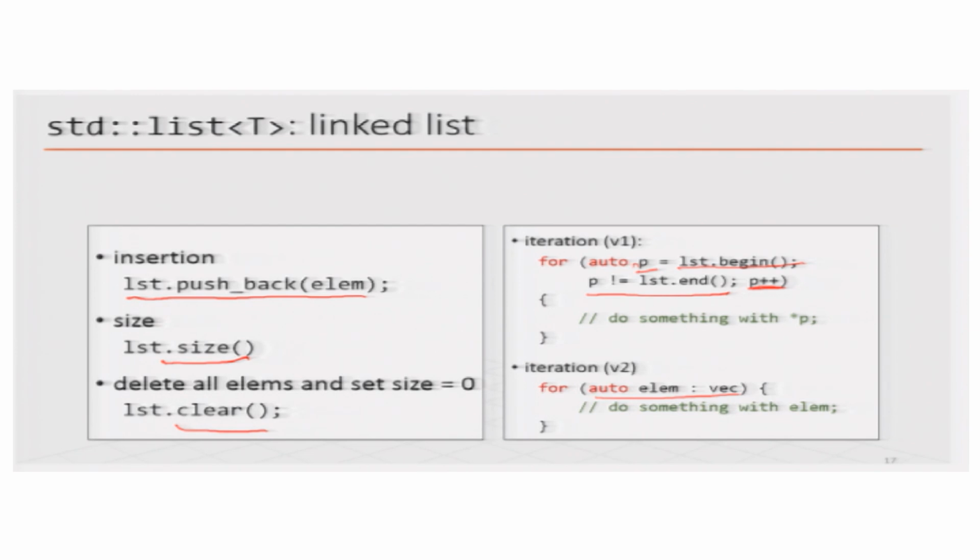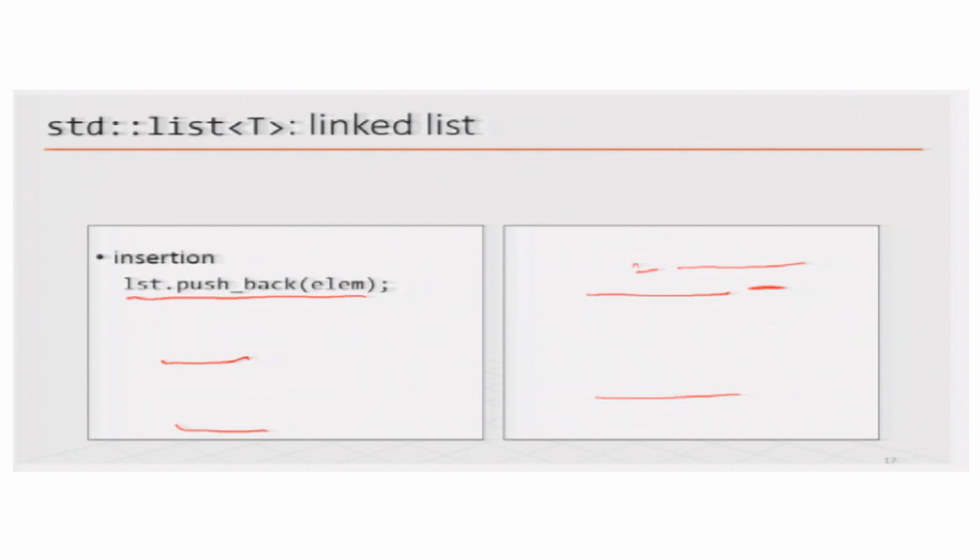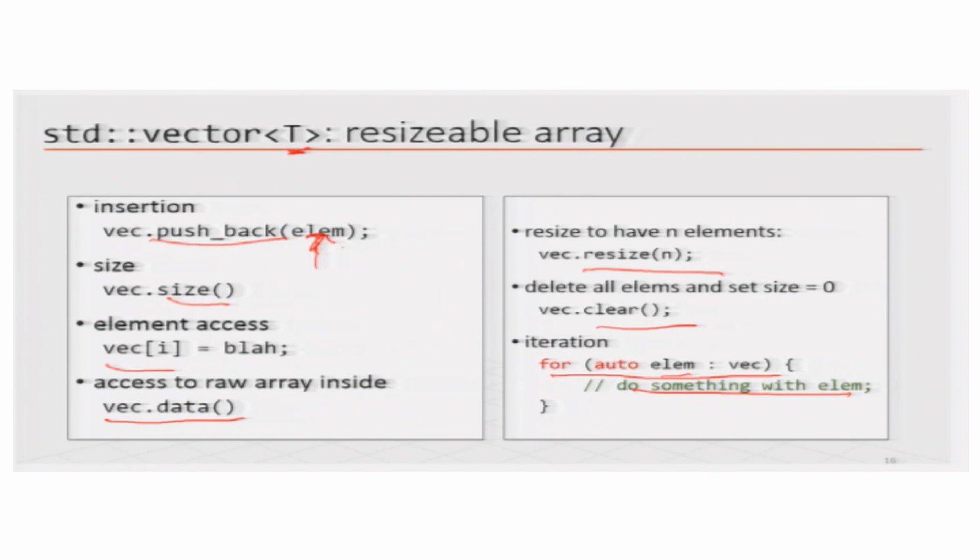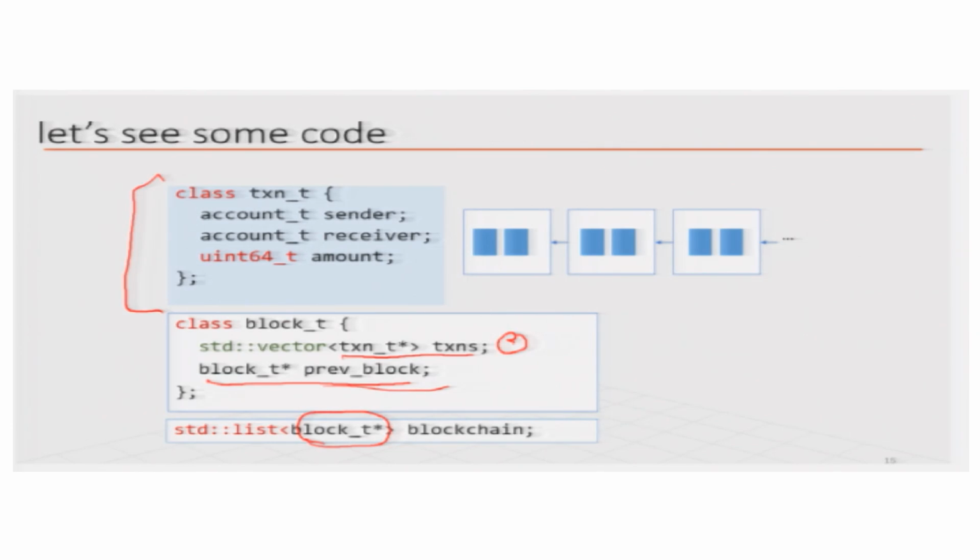So, for you to understand what is going on here, even if you do not know C++, you can think of the blocks. Let us look at this. You can think of a transaction as having 3 elements, the sender, receiver and amount, and the pointer to them is put in a vector, right.